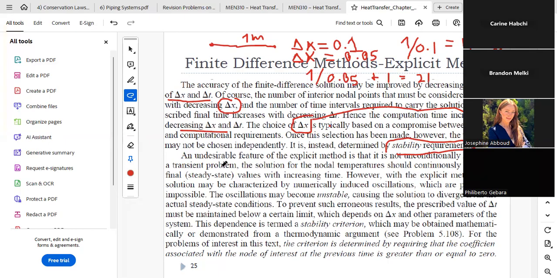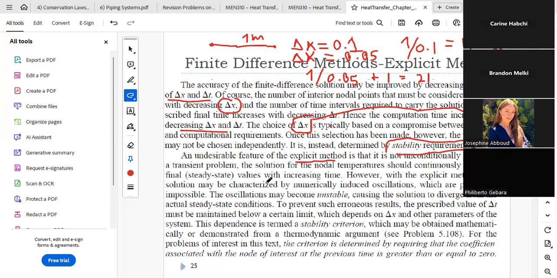Okay, so in general, the explicit method has a disadvantage that it's not unconditionally stable. So it can give divergent results if we don't choose delta t in an appropriate way. In a transient problem, the solution for the nodal temperatures should continuously approach final steady state values with increasing time.